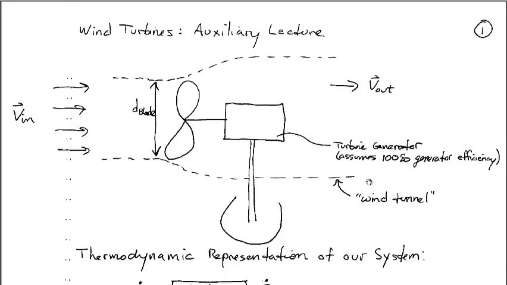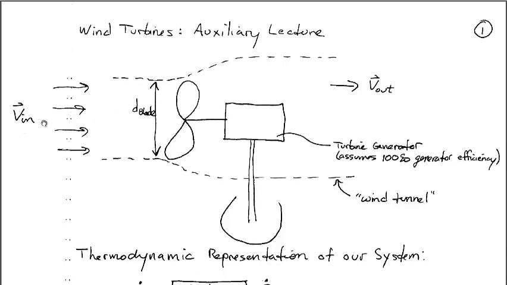Okay, I mentioned that I'd talk more about this wind tunnel, and so I will very quickly. It's not something we really focus on much in this class of thermodynamics. We're much more interested in the energy relationship of all of this, and the wind tunnel is more of a fluid mechanics relationship. Basically it's just Bernoulli's principle. You have wind energy coming in, and this wind energy has a velocity.